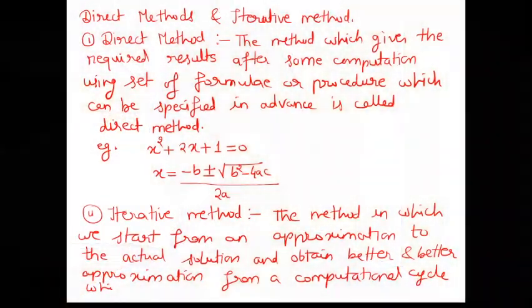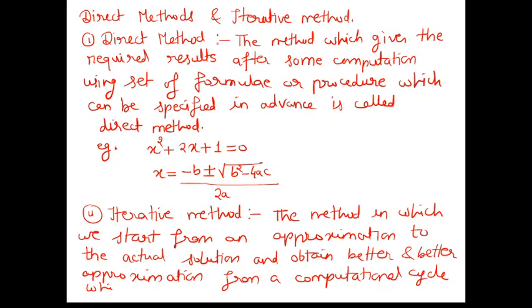The numerical method for solving linear algebraic system can be divided into two methods, namely direct method, the method which gives the desired result after some computation using the set of formulae or procedure, which can be specified in advance, is called the direct method.